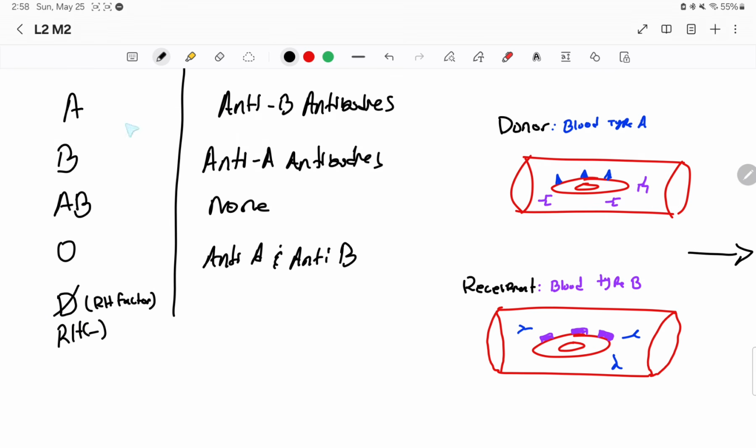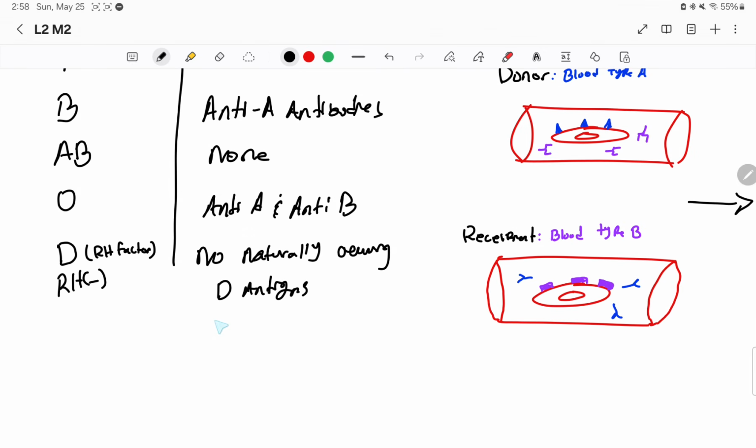Well, so far we've seen that an absence of an antigen results in the production of an antibody. But funnily enough, the absence of this capital D antigen does not result in the production of an antibody. That means there are no naturally occurring anti-D antibodies. Okay?